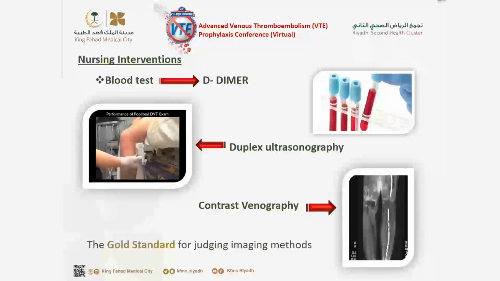Now, as a nurse, you need to remember that the physician is going to assess the patient, but there are a few other things the physician will also be doing, because he suspects that there might be a DVT, so he's going to be doing some blood tests. One of the blood tests he would do is the D-dimer. You need to be aware that the D-dimer is going to be one of them.